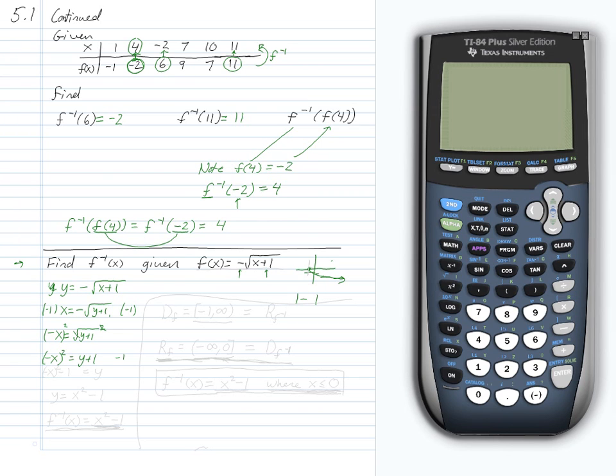If I subtract 1 from both sides, I get y equals negative x squared minus 1. Now it's worth noting, if we square negative x, remember back from our discussion of even and odd functions, we're just going to get x squared. So that's our inverse function.